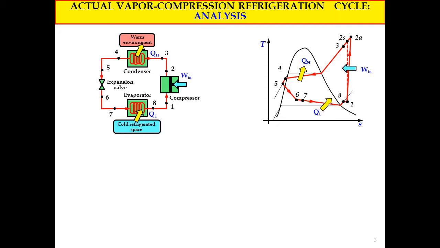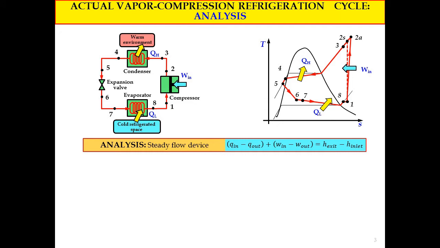So in order to determine the formula in terms of QL, QH, W in, you need to refer to both the schematic diagram and also the TS diagram. And in your analysis, you need to implement the energy balance equation for the specific device in order to determine the specific formula for QH, QL, W in, performance and so on.